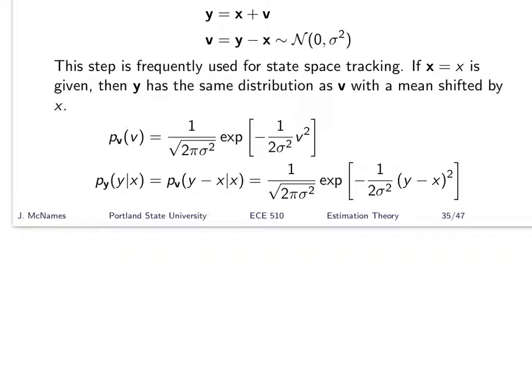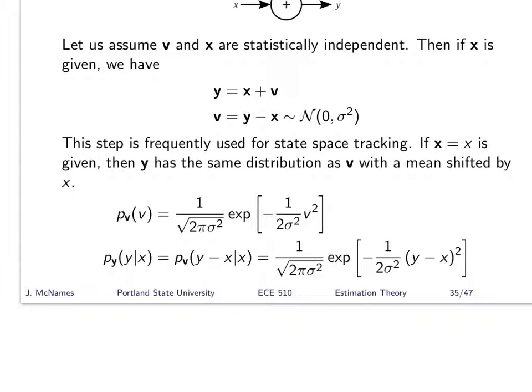And that's going to be true in the vector case. This is something we often use when modeling a state space process, where we go from a measurement model, given by this equation. This is probably the simplest of measurement models. The measurement is simply the state plus some measurement noise.